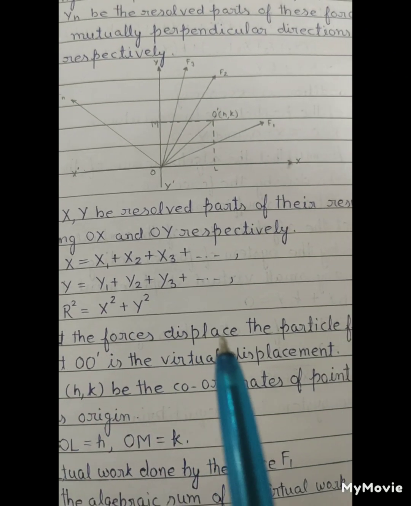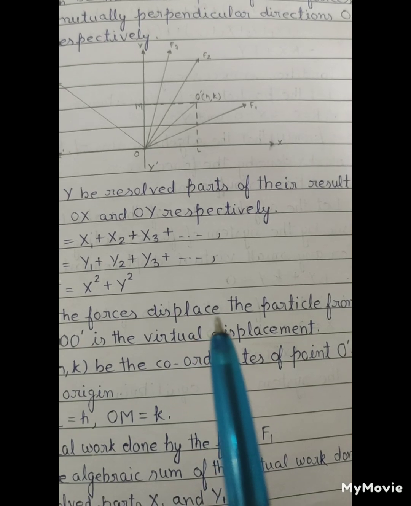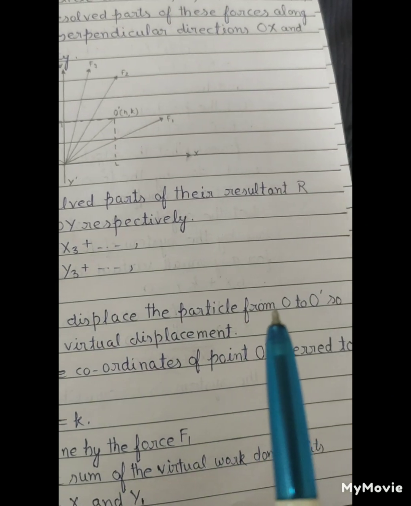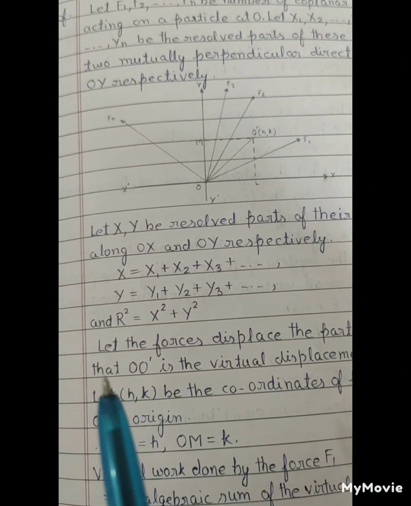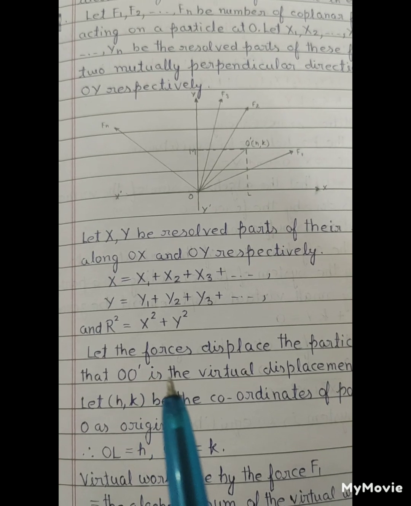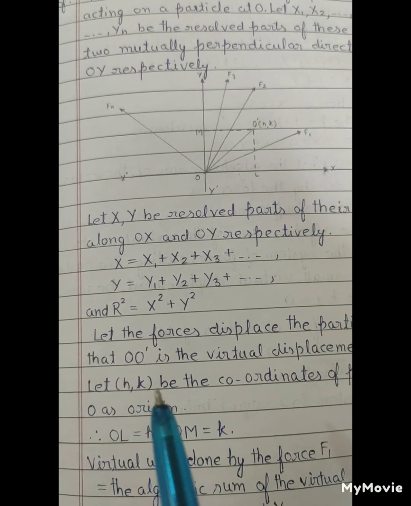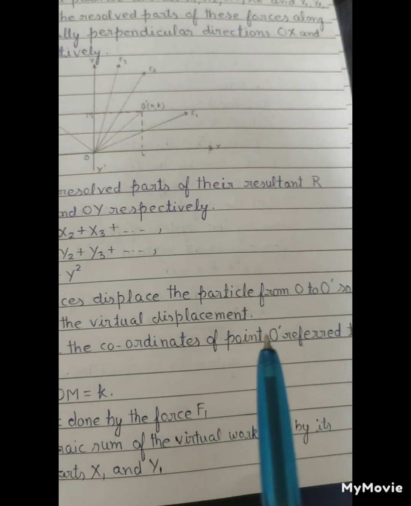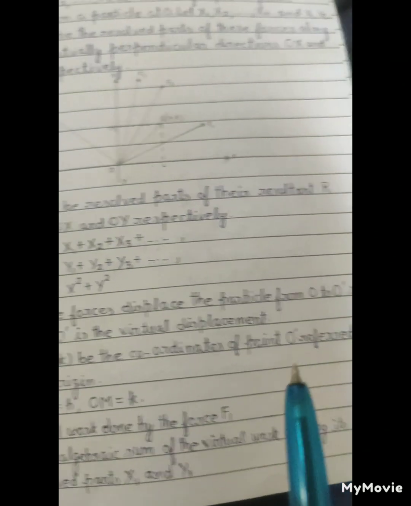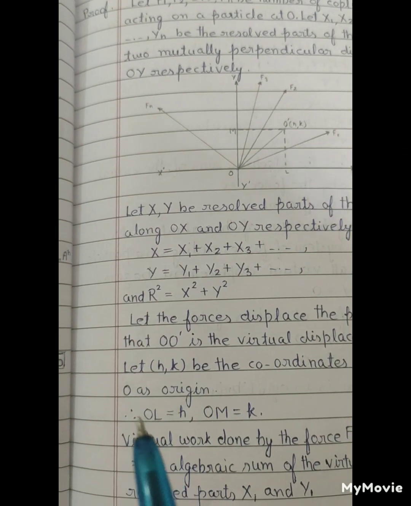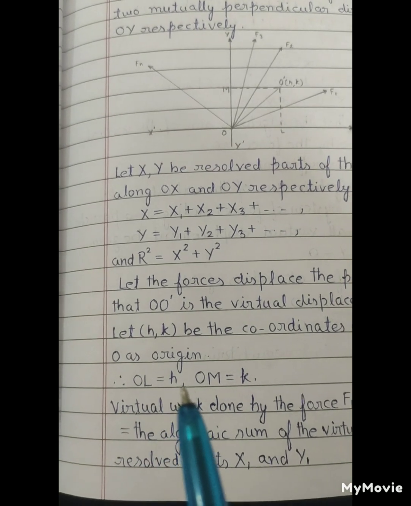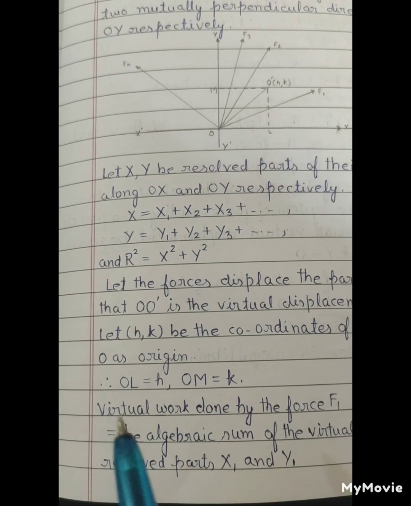Let the forces displace the particle from O to O dash, so that OO dash is the virtual displacement. Let H, K be the coordinates of the point O dash. Referring to O as origin, OL equals H and OM equals K.